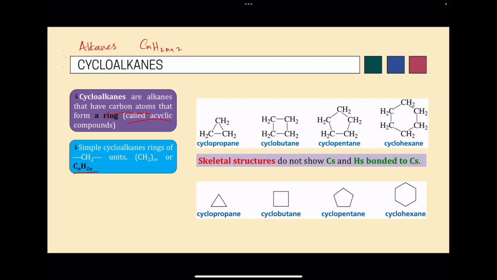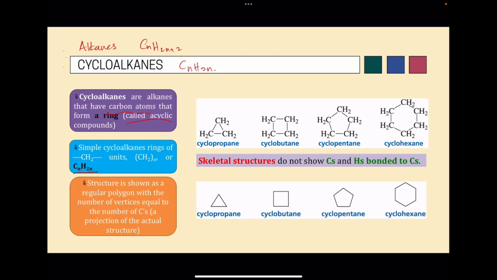Meanwhile, the cycloalkane is CnH2n. And then the cycloalkane is also shown as a regular polygon with a number of vertices equal to the number of C's. So these are several types of the cycloalkanes: cyclopropane, cyclobutane, cyclopentane, and cyclohexane.